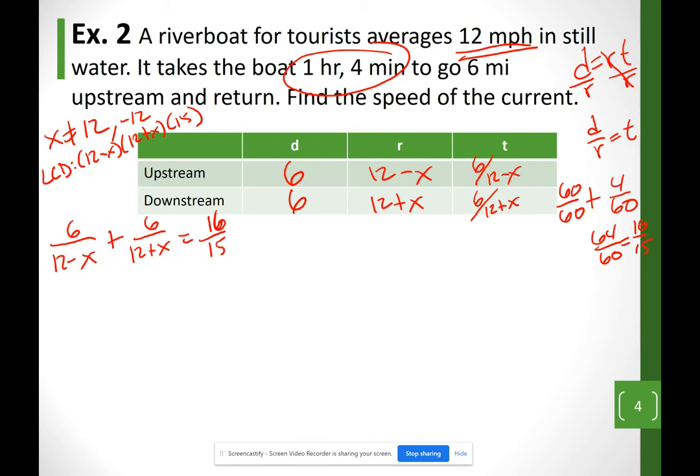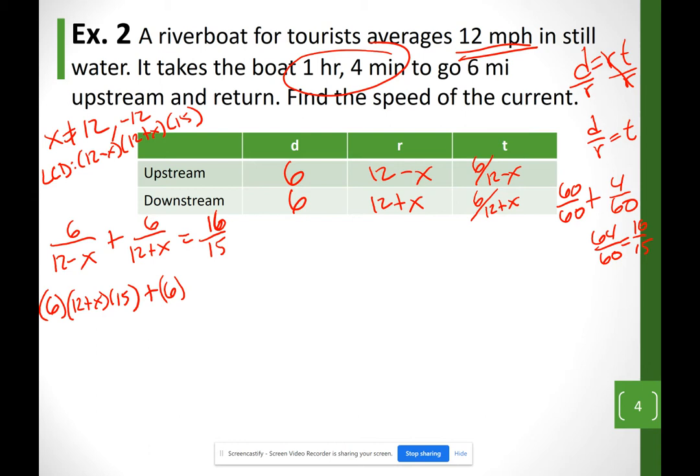All right, so let's get rid of fractions. I have a 6 on the top of my first one. From my LCD, if I was to cancel the 12 minus x, I'm going to have 12 plus x and 15. Plus, I have a 6 on top of the second fraction.